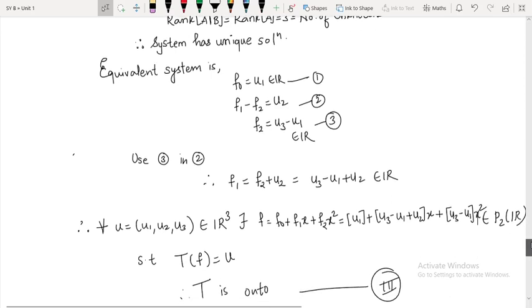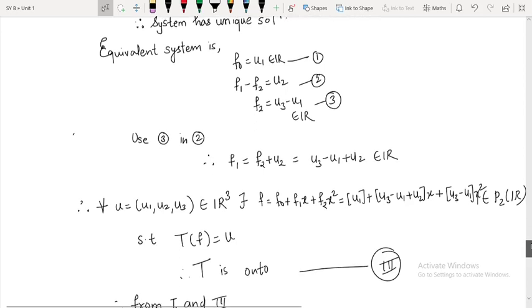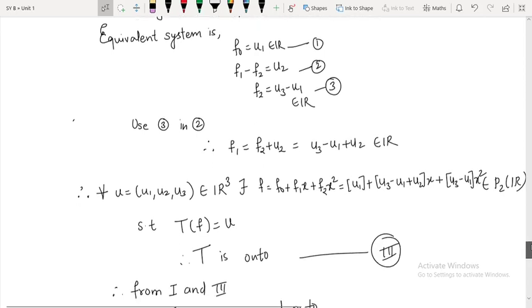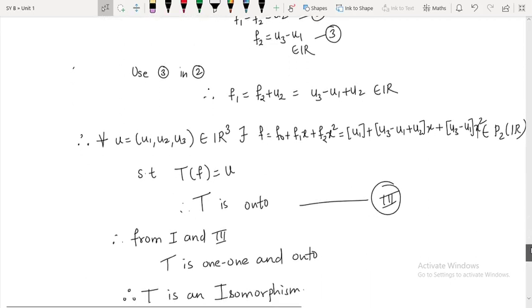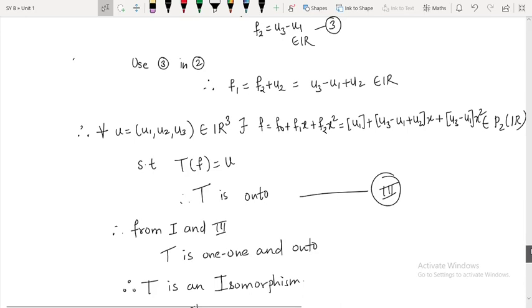Therefore T is onto, I will call it 3. Therefore from 1 and 3, T is one-one and onto. Therefore T is an isomorphism.